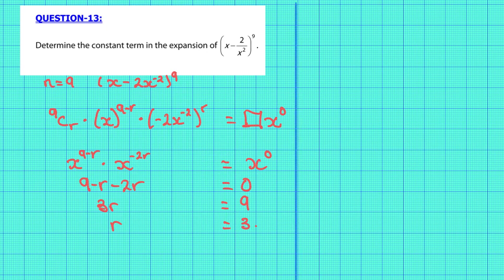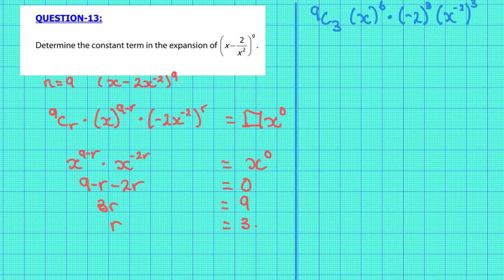Substitute back in for r gives me 9 choose 3. x to the power of 9 minus 3 is 6. Minus 2 to the power of 3. x to the minus 2 to the power of 3.